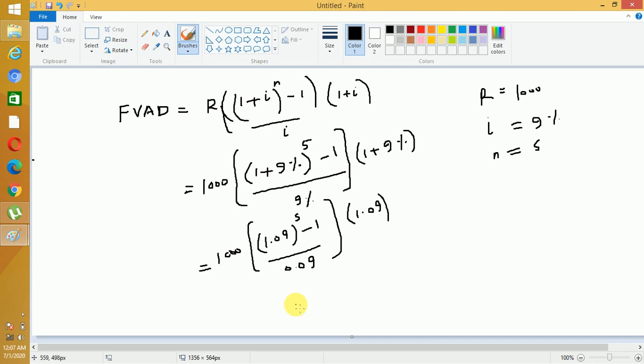So now what will you do? You will calculate 1.09 power 5. Then from that you will minus 1. Then the figure that comes, you will divide it by 0.09. Then you will multiply it by 1.09, and then by 1000. So you will get a value here. So this is the calculation of future value of annuity due.